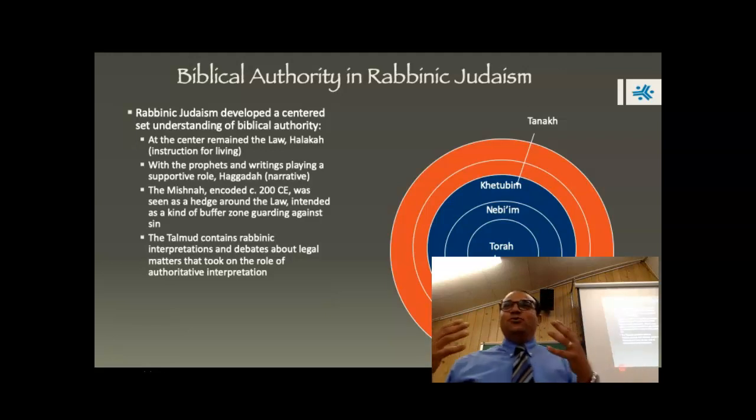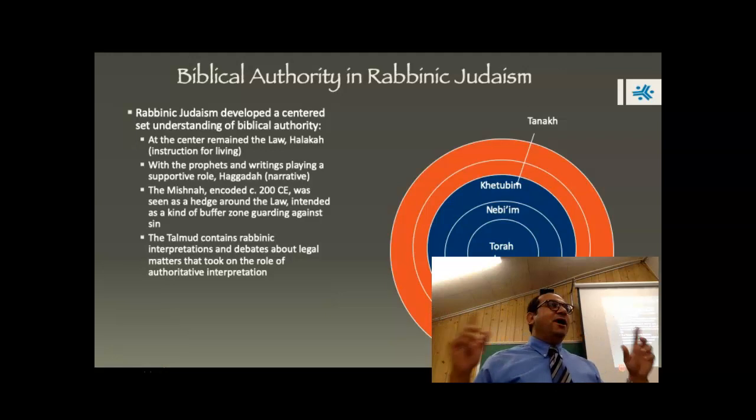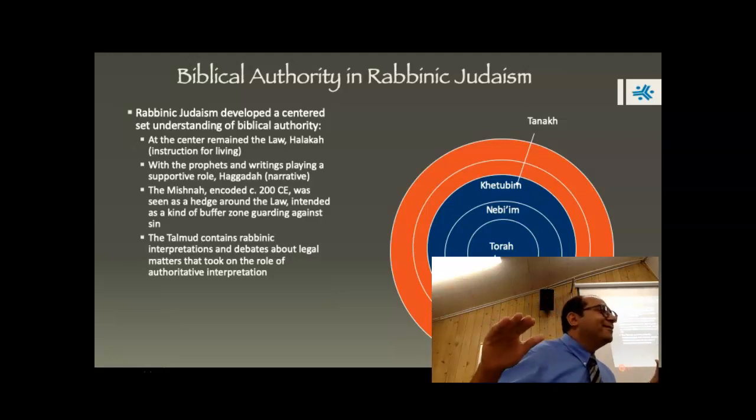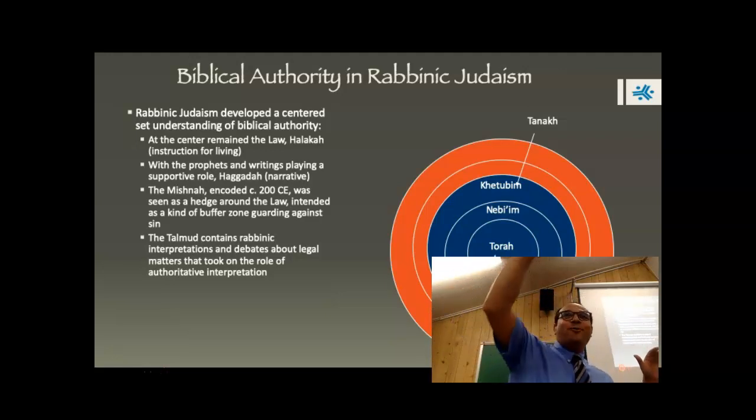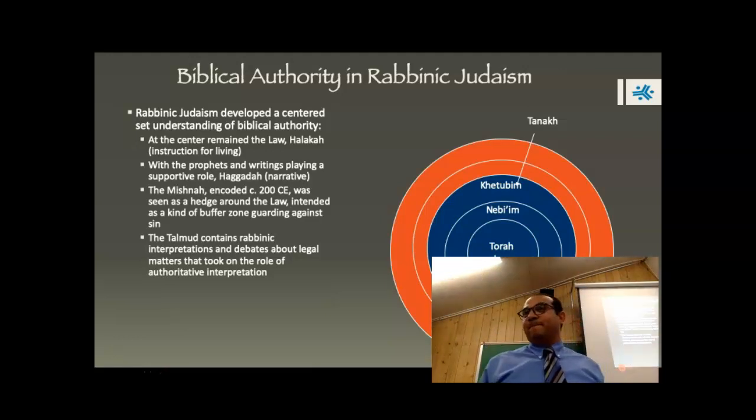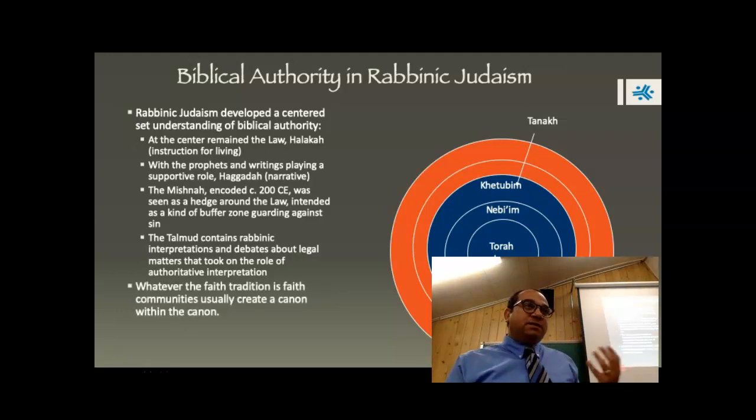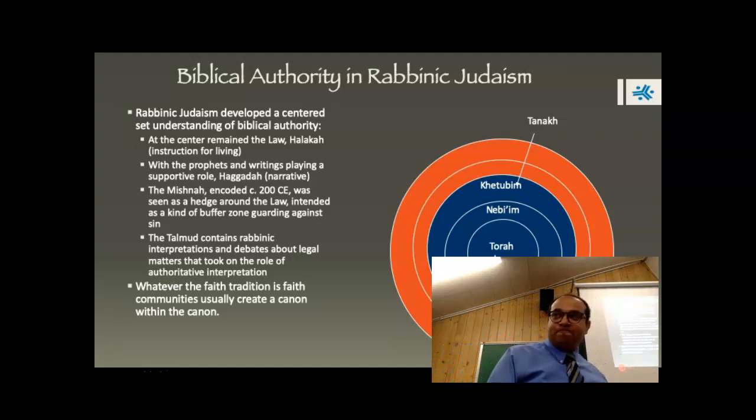That's why in the Talmud you would have opinions, not a settled matter. Rabbi X says that, Rabbi Y says that, Rabbi Z says that, and then it just leaves you with it. Yes, it is authoritative interpretation, but they are interpretations.